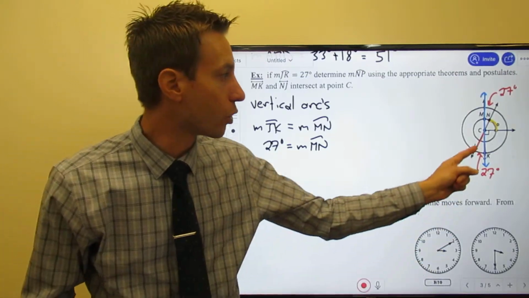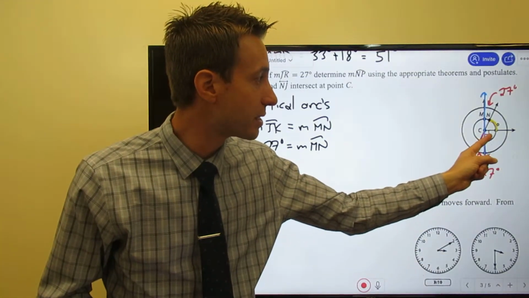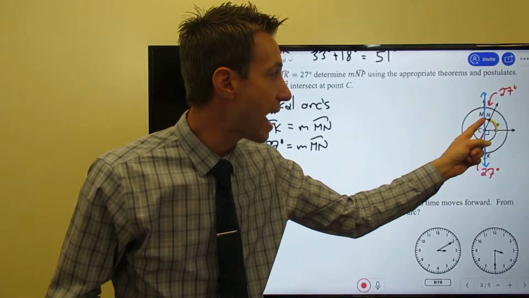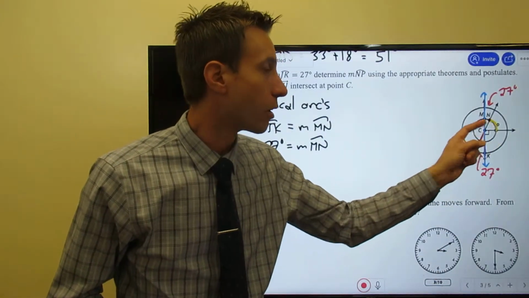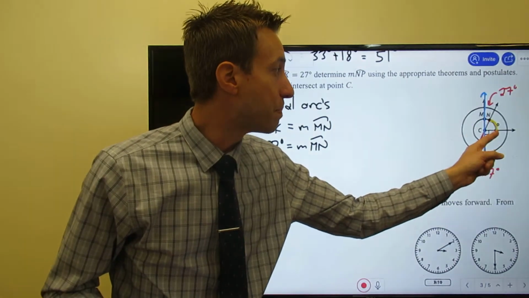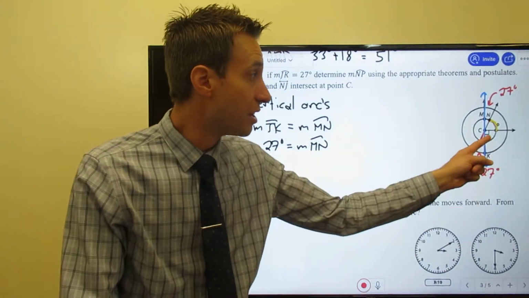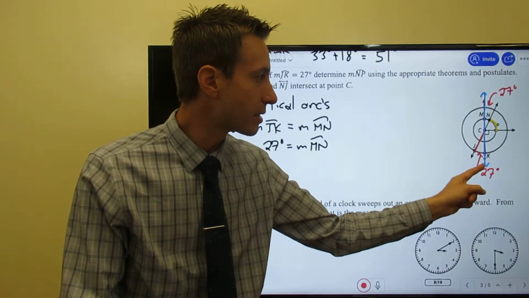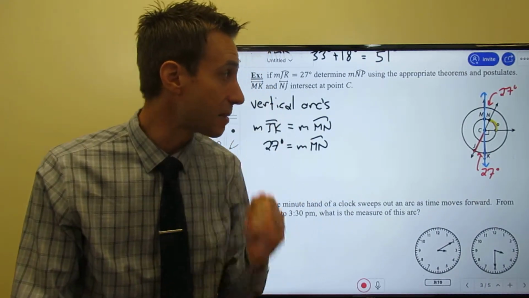I put that little 90-degree symbol in there. Well, that means then that MNP is also 90 degrees, right? If this is a straight line, if this is 90, then that's got to be 90.